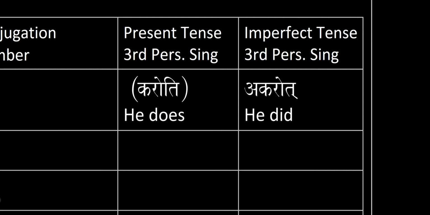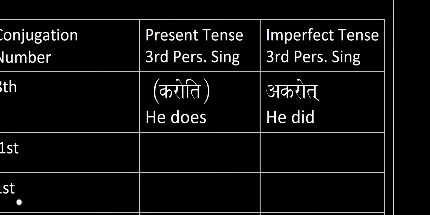Remember, you have to be mindful about the sandhis that may apply to the imperfect tense, and you also need to keep in mind what comes before and after your new verbal base when you have the imperfect tense.